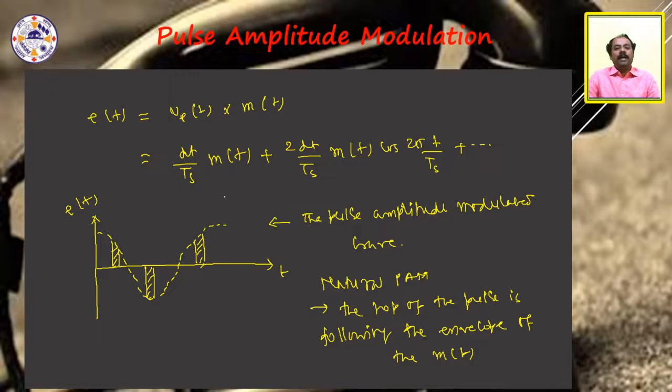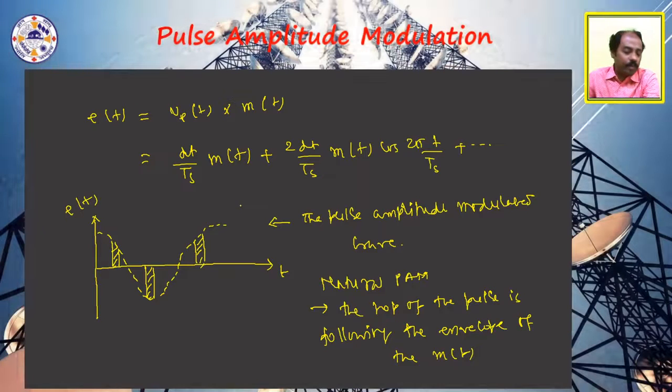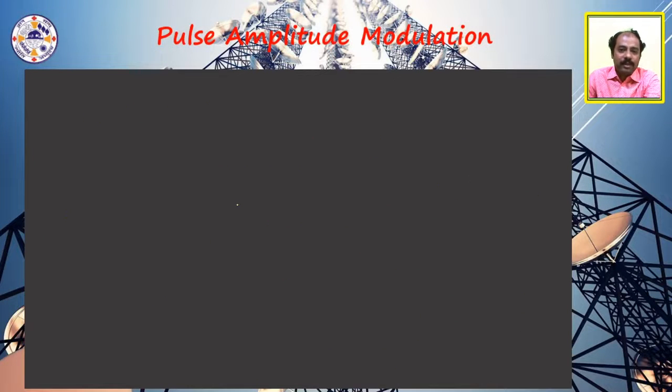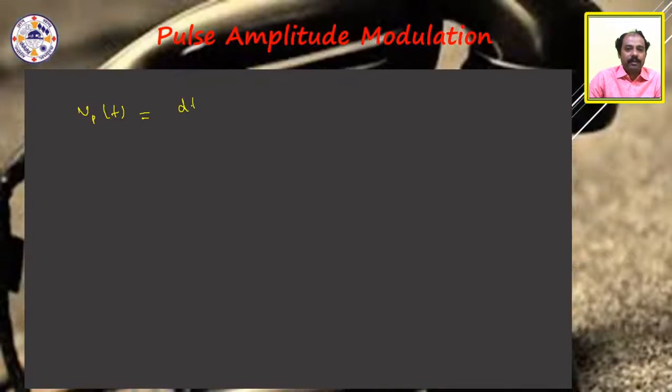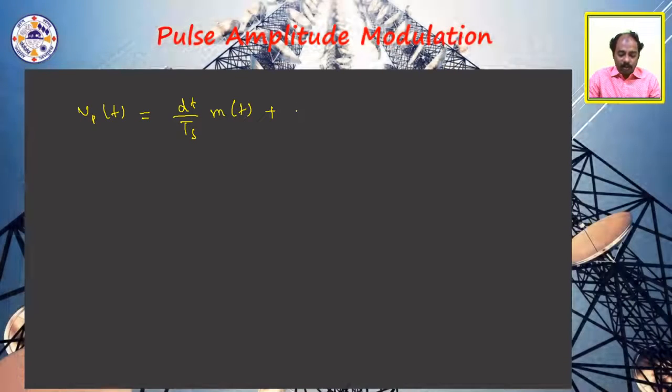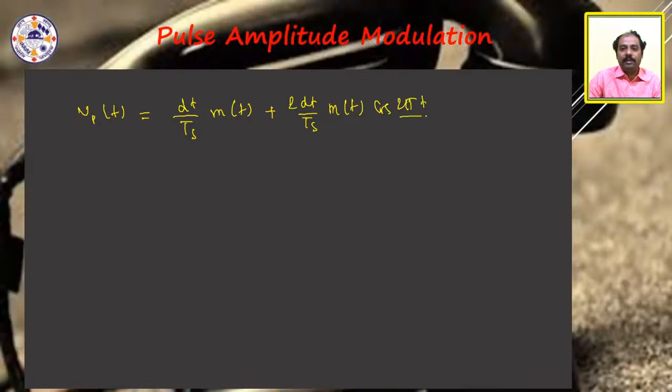Now from the expression of the amplitude modulated wave, I am just writing the modulated wave again: dt by ts into m(t) plus 2 into dt by ts into m(t) into cos 2 pi t by ts plus dot dot.